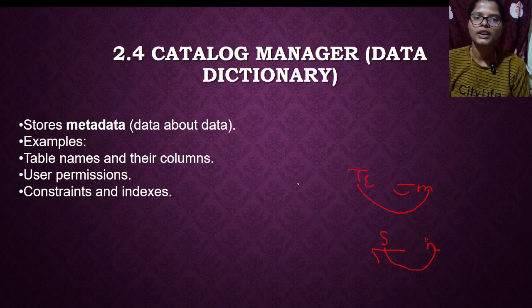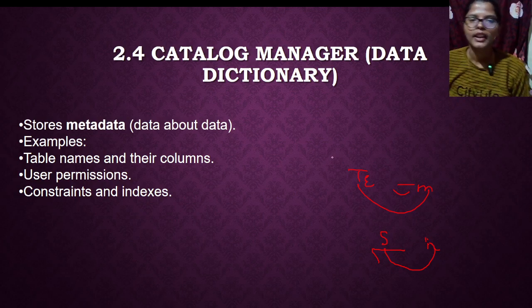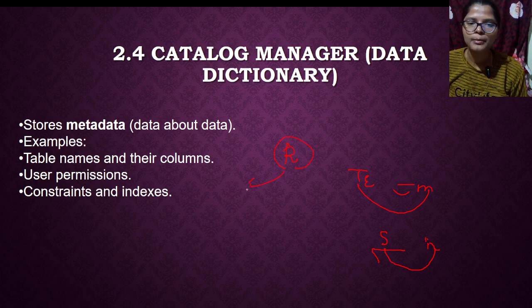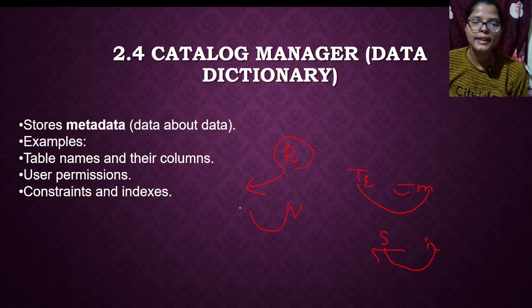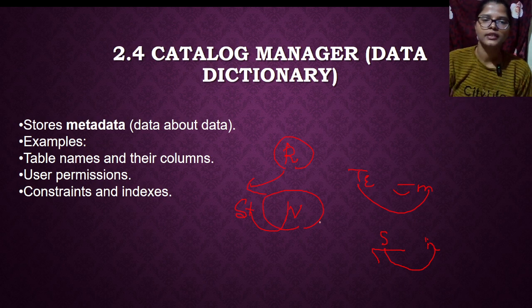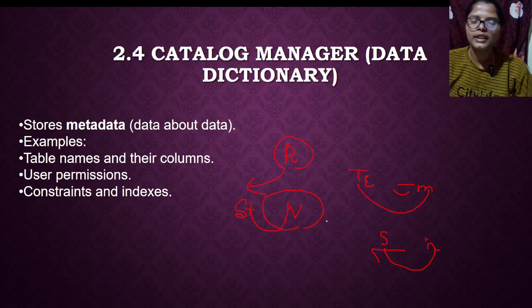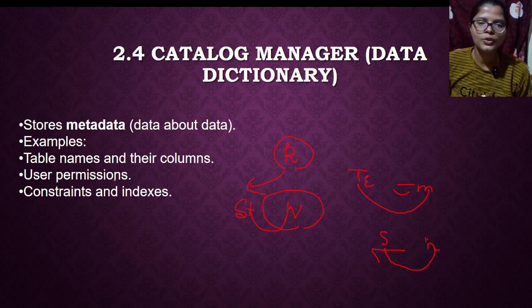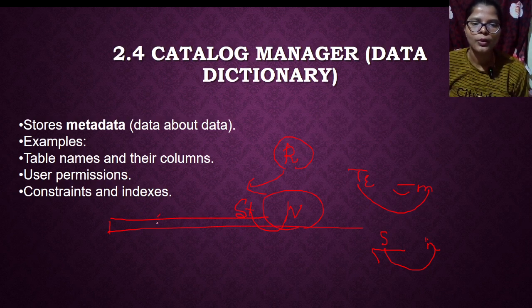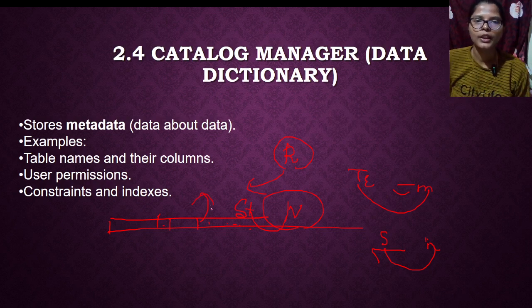For example, the roll number is stored in number format and the name is stored in string format. We'll discuss one example so that you can understand it clearly when you are writing a SQL query. Each column has some names, right? So the table names and their columns, all these things will be maintained by this catalog manager.